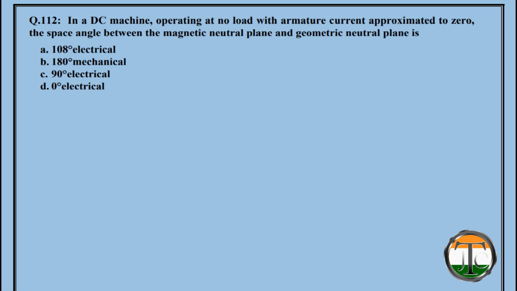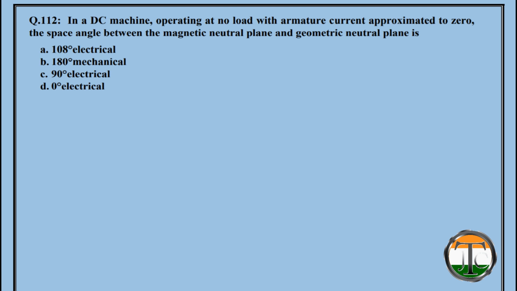So the next question is 112, that is in a DC machine operating at no load with armature current approximated to 0, the space angle between the magnetic neutral plane and the geometrical neutral plane is. Option A is 180 degree electrical, option B is 180 degree mechanical, option C is 90 degree electrical, option D is 0 degree electrical.